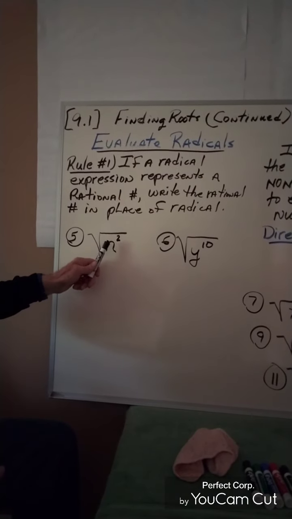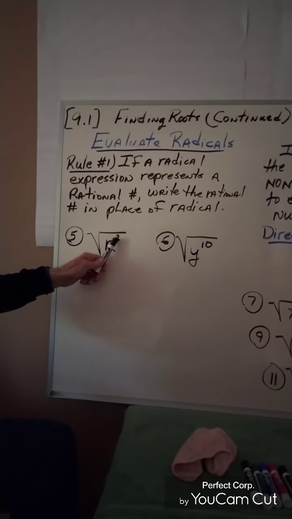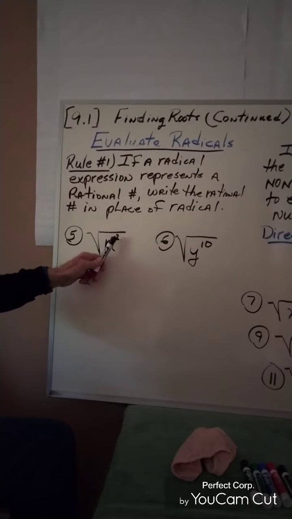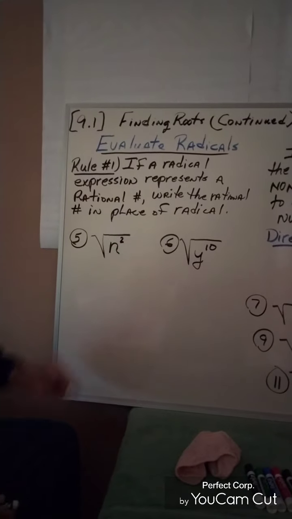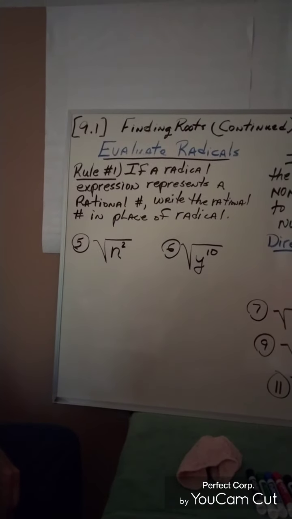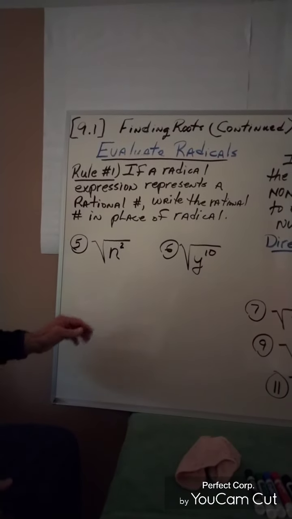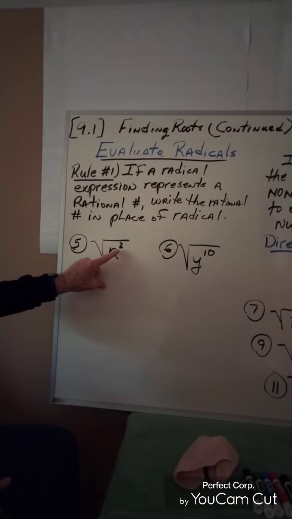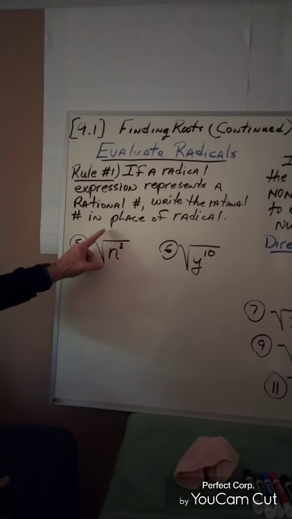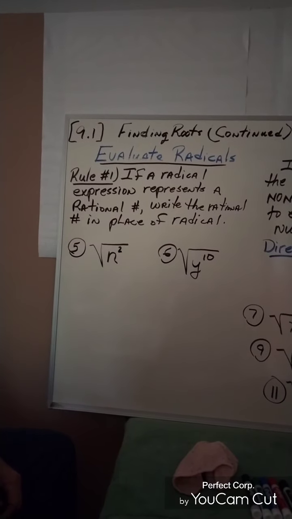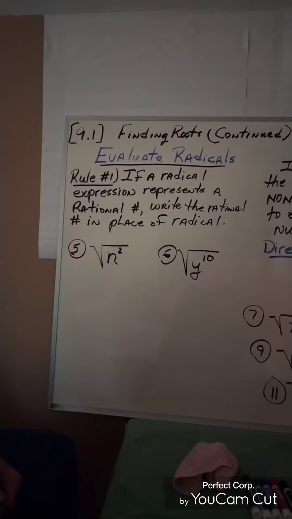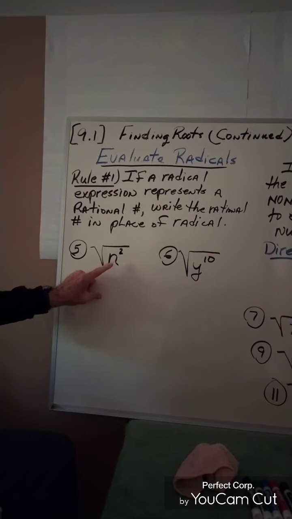When you're looking at a variable expression that has the given exponent in place, if that exponent is even, then we know that that variable expression as well represents a perfect square, and therefore this radical expression would represent a rational number, and we're going to write the rational number in place of that radical.